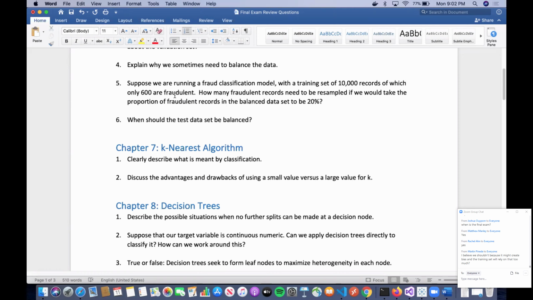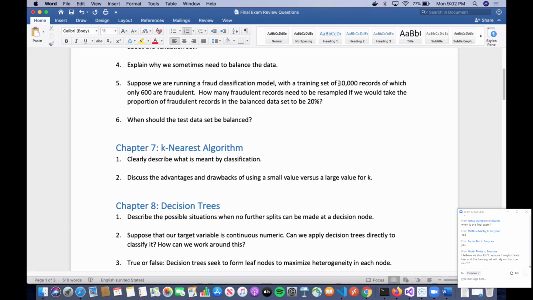Suppose we are running a fraud classification model with a training data set of 10,000 records, of which 600 of those 10,000 records are fraudulent records.